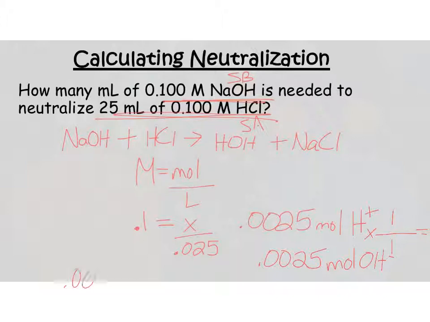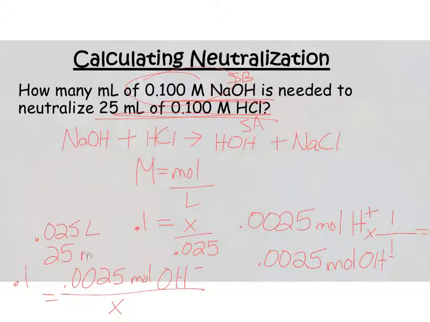Okay, so 0.0025 moles of my OH minus, and my volume is what I need to know, and my molarity of my NaOH is 0.1. Okay, so manipulate your equation, and you should get that you need 0.025 liters, which is also known as 25 milliliters.